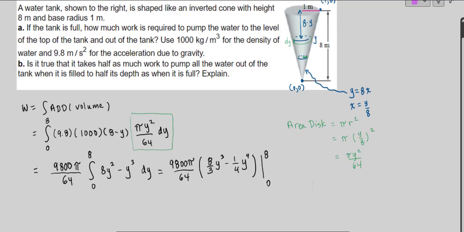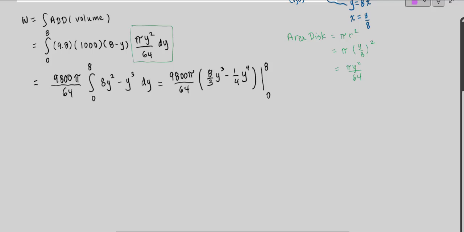All right, so let's go ahead and start plugging and chugging here. So let's simplify this coefficient out in front. 9800 over 64, let's divide them both by 8. That will give us 1225 pi divided by 8. We're going to plug in an 8 into the antiderivative.